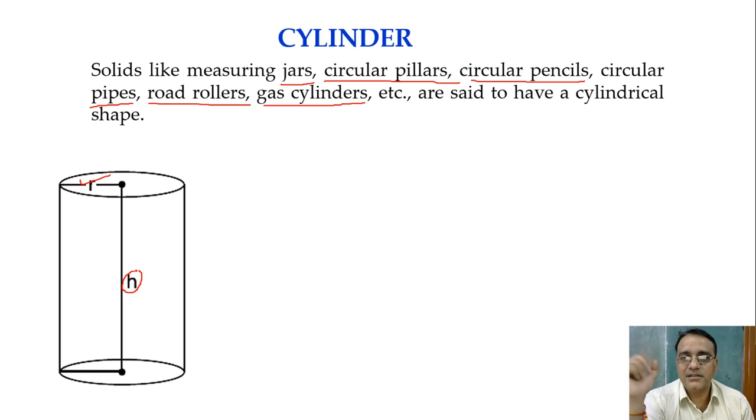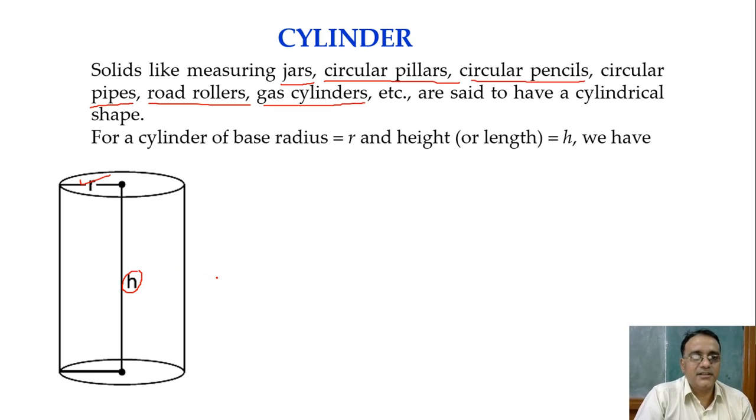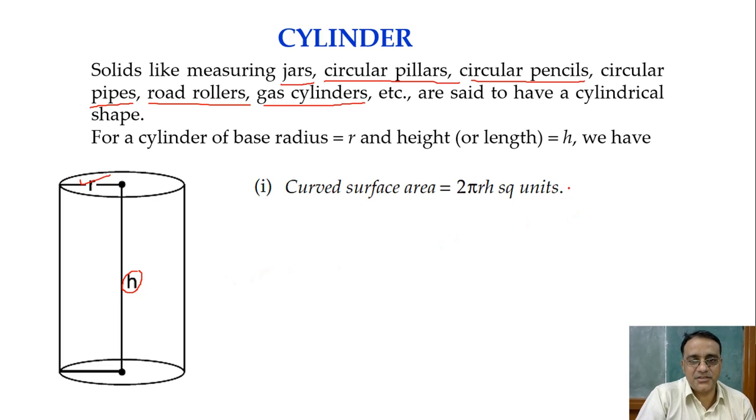Number one, the lateral surface area here is the circular surface, that is why we say curved surface area. So what is the formula of curved surface area? 2 pi RH. Right, 2 pi RH square units.